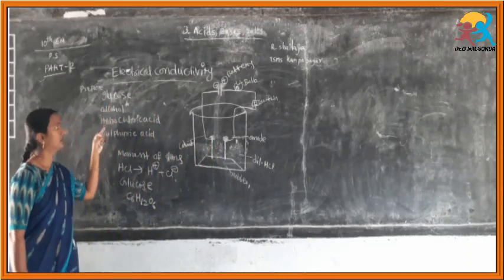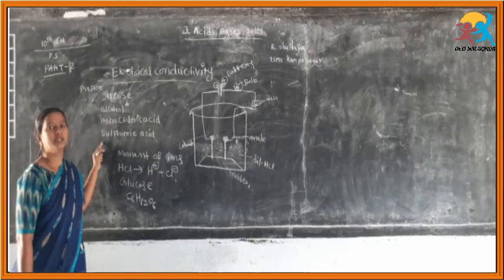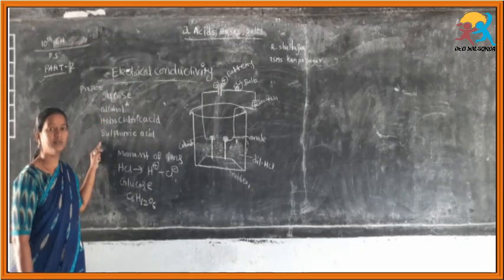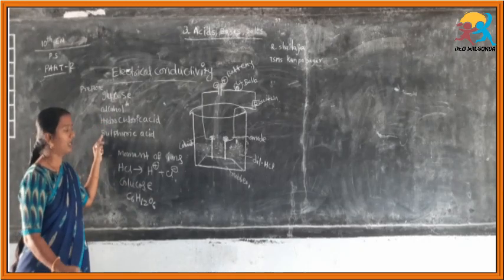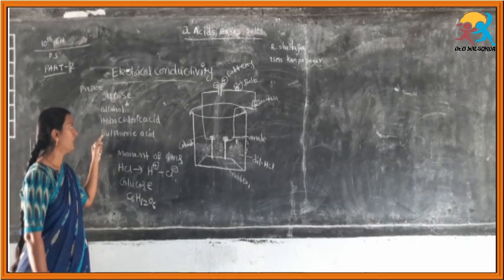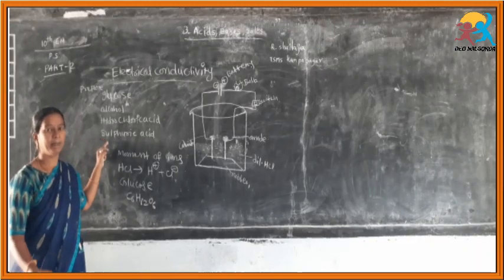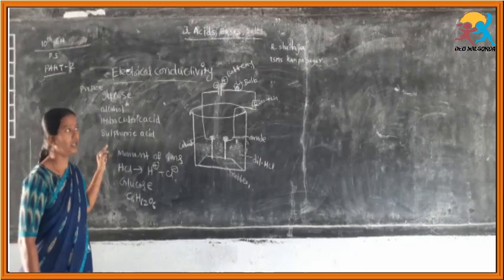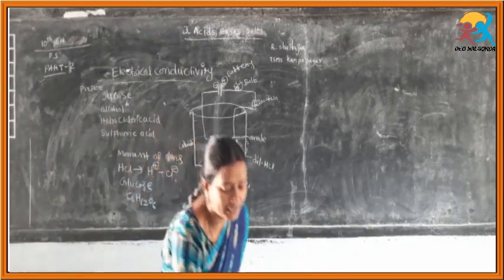Glucose and alcohol solutions do not allow the current; they are not conductors. Hydrochloric acid, sulphuric acid and basic substances allow the current; they are conductors. So this is electrical conductivity.